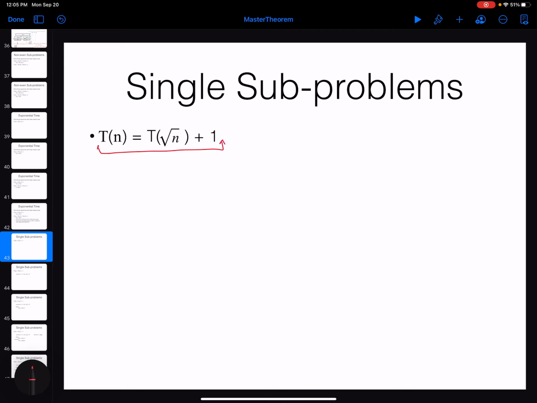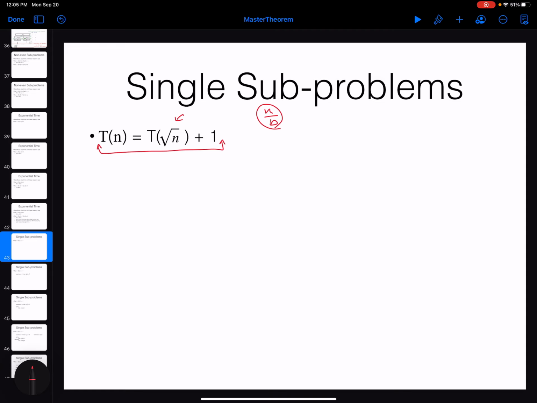Again, you can see that this cannot be solved using the master theorem, right? I don't have that simple form of n divided by b for the sub-problem. So this cannot be solved using the master theorem. But still, I can use the substitution method, or I can use the recursion tree.